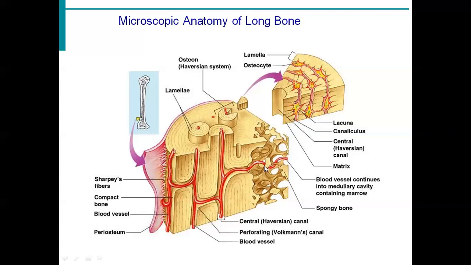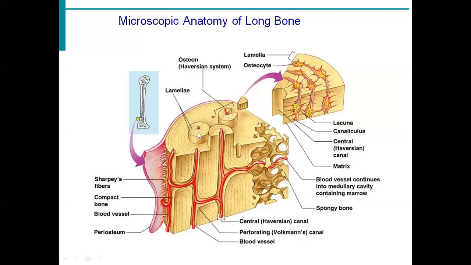Another part which is not included within the central Haversian system is Volkmann's canal or perforating canal. Perforating or Volkmann's canal is the interconnection between two Haversian systems. Therefore, this is very important.